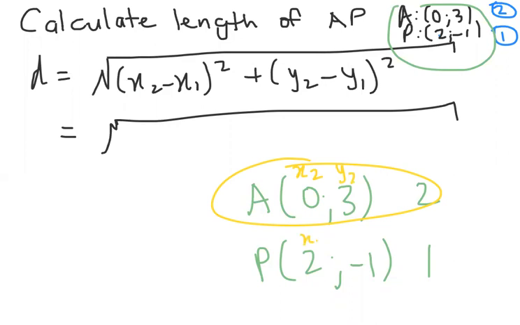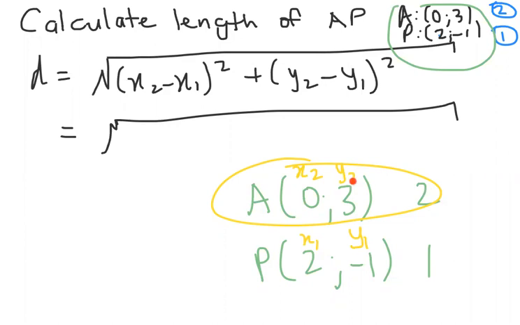This will be x1 and that will be y1. So let's see if we can use this and get to our answer. So that's x2 and x1, because we've marked that point as 2 and we mark this point as 1. That's why this is x1, y1, x2, and y2.